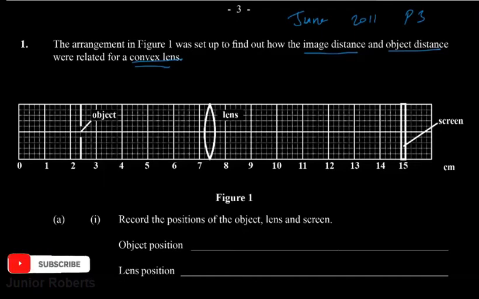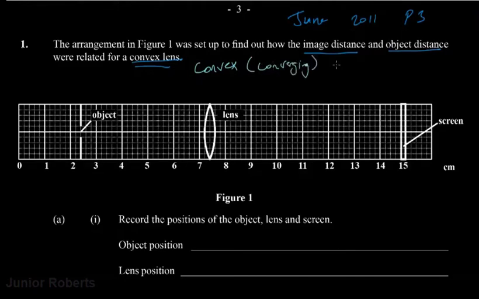So a convex lens, we can make a note of that. A convex lens is a type of lens, and another name for the convex lens is the converging lens. As for the word converge, what does the word converge mean?